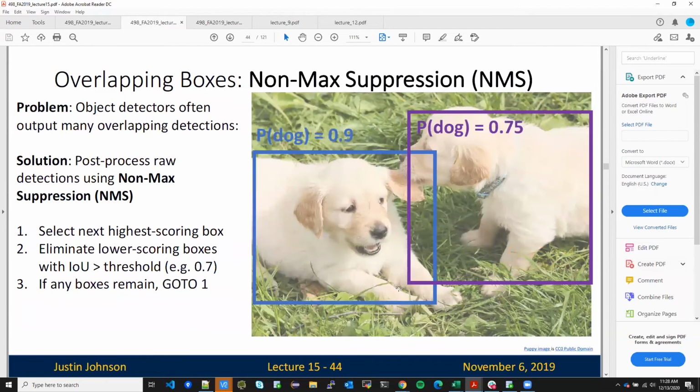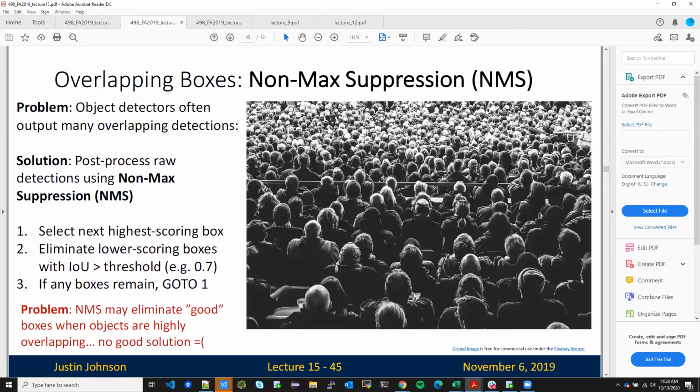Okay. This works well when you have objects that are well separated. One open problem in the research is a very densely packed image like this one, where you have so many objects.